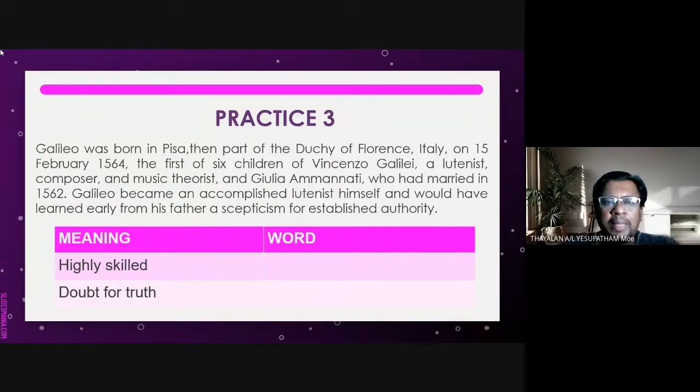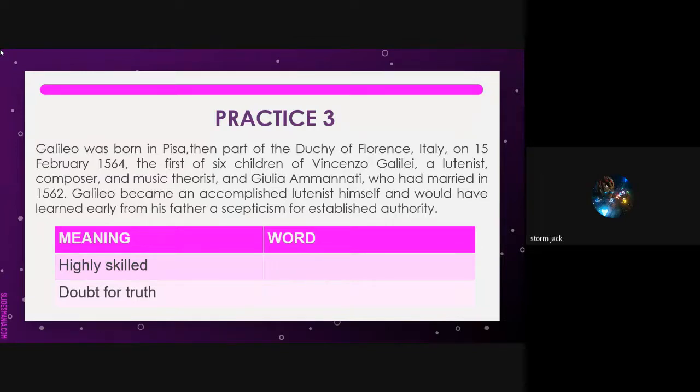Galileo was born in Pisa, then part of Duchy of Florence, Italy, on 15 February 1564, the first of 6 children of Vincenzo Galilei, a lutenist, composer, and music theorist, and Giulia Amanetti, who had married in 1562.